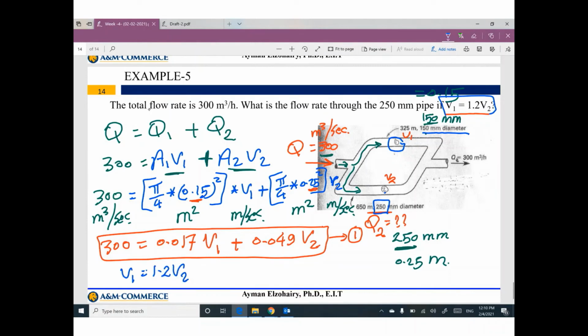Okay, go back to equation number one. Remove V1 and put 1.2 V2. So 300 equals 0.017 times 1.2 V2 plus 0.049 V2. The only unknown in this equation is V2, so I can figure it out.